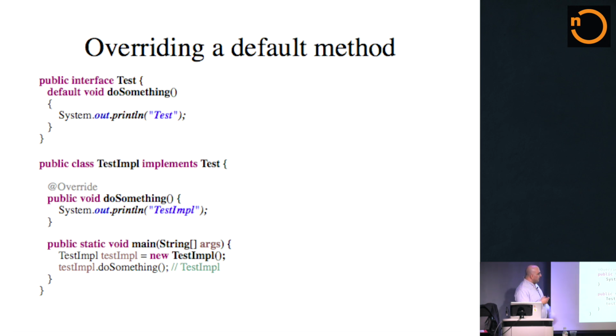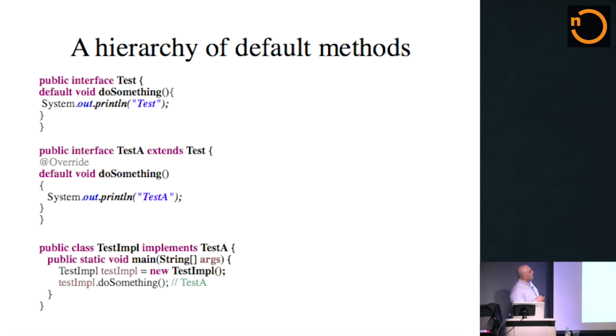So we can call it, and hey, look, I actually removed the 1s and 2s from there. Yes? Yeah, you can still call the parent one. Just wait, you're going to see one. Okay. So what if I have a hierarchy of them? I've got my test, and what if I have a test A, which extends test, which is another interface, which now has do something, prints out test A, and then I do this.